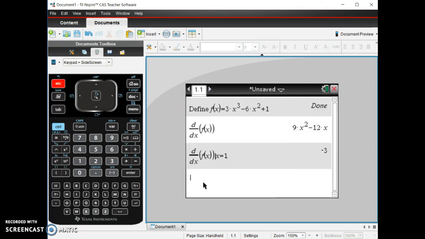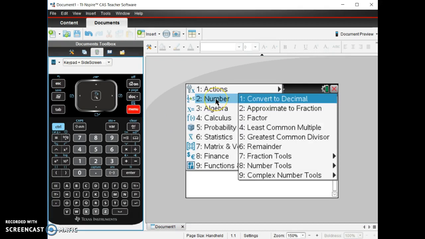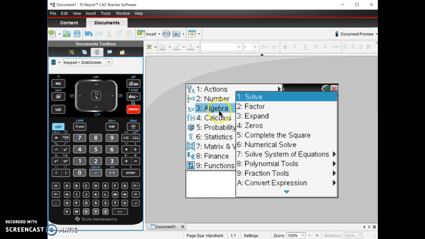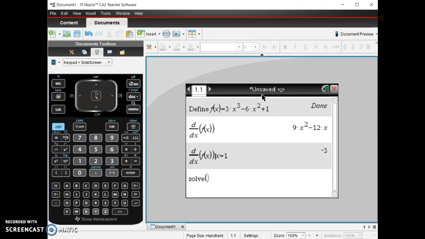Now, if we're looking for, say, the coordinates of points on the curve where the gradient is equal to a particular value, let's say we're trying to find the coordinates of the points on a curve where the gradient is equal to 5, we can use the solve function. We want to solve the derivative equal to 5. So Menu 3, 1.